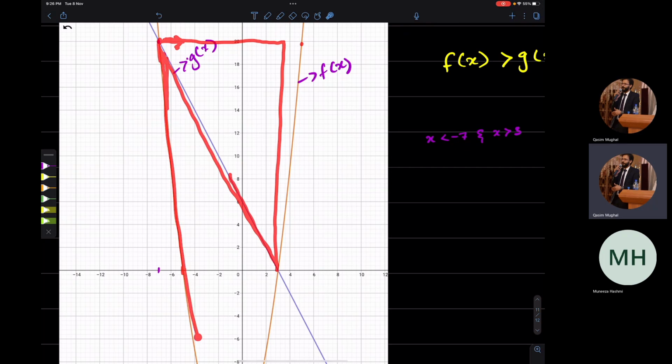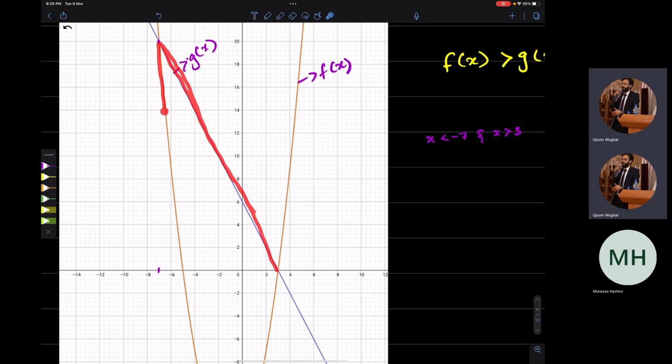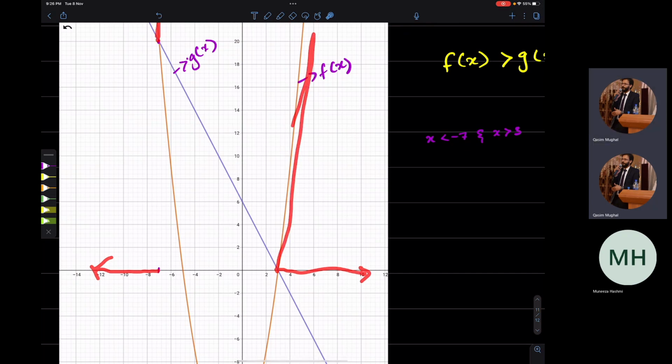See? That's the blue line, and the orange line is underneath it. So from here, no, not from there. From here till here, the orange line stays below that. So less than these and more than this, the orange line goes above the blue line.